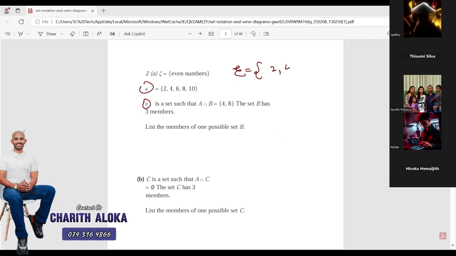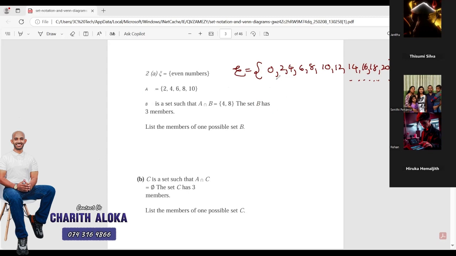A is 2, 4, 6, 8, 10. A intersect B is given as 4, 8. The number of elements in set B is 3.